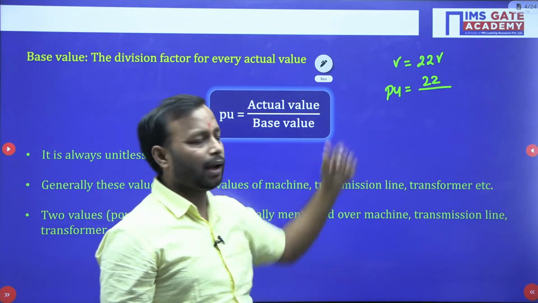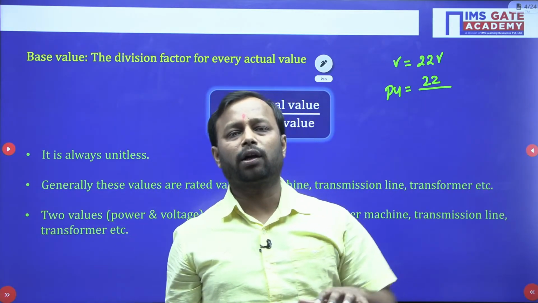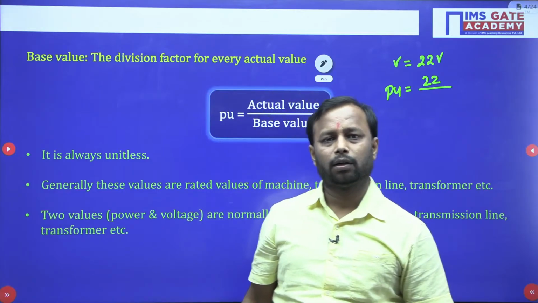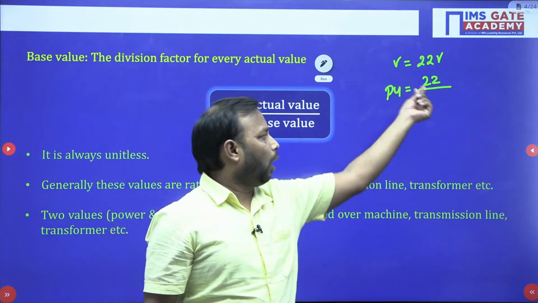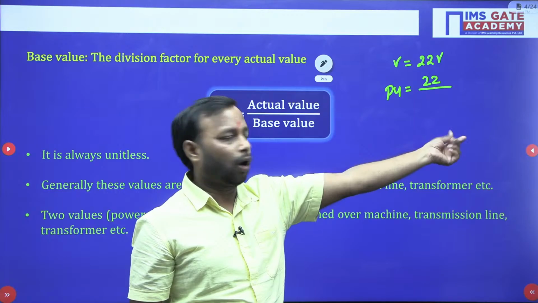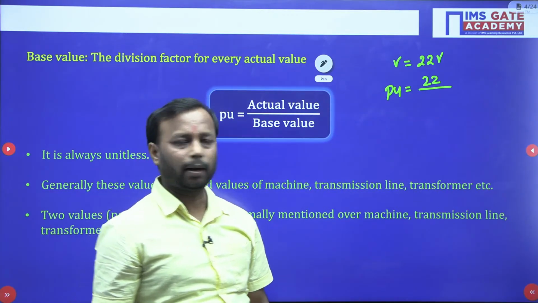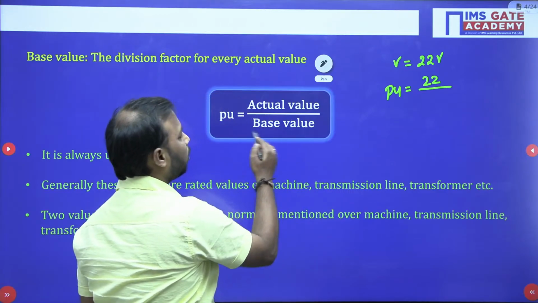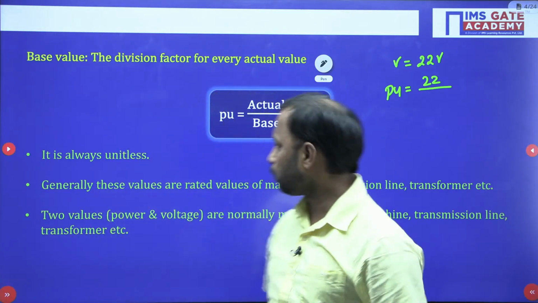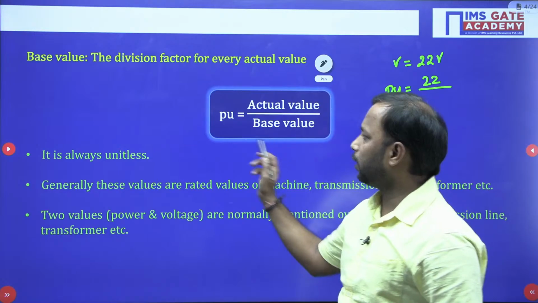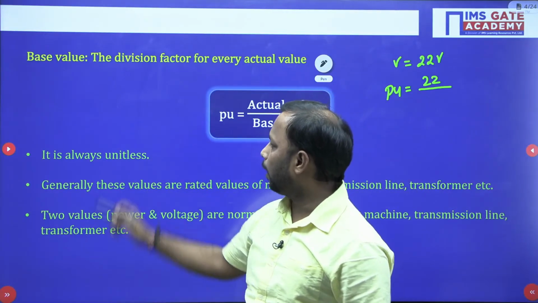So the base value depends on the consumer or observer, and it should be such that our calculation becomes easy. Am I clear? So this depends on the observer.